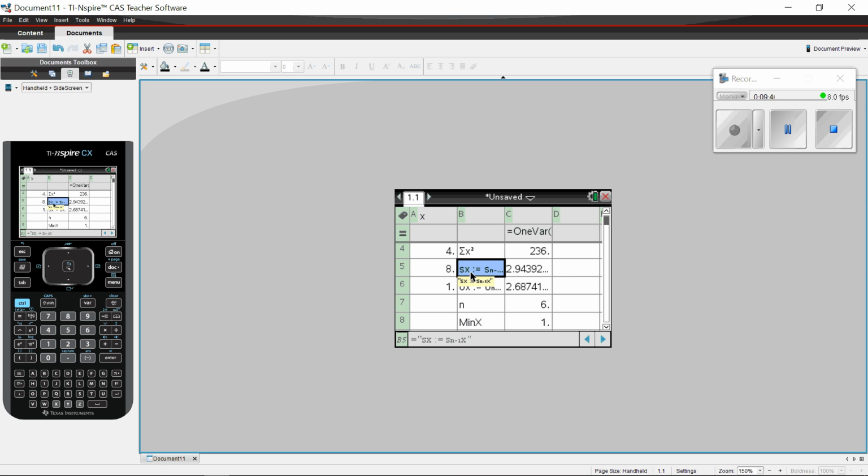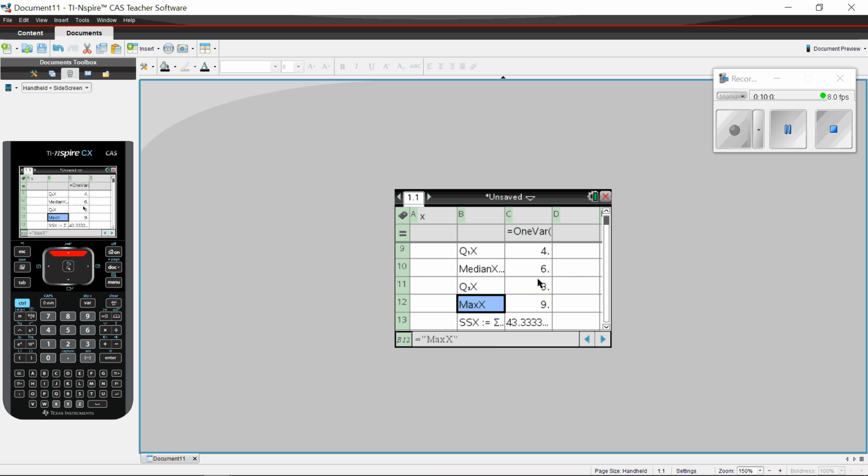Sx stands for sample standard deviation. Sideways sigma x stands for population standard deviation. Remember, the bigger this is, the more varied our data is. If it does not say to use sample standard deviation or population standard deviation, use whatever one you want.